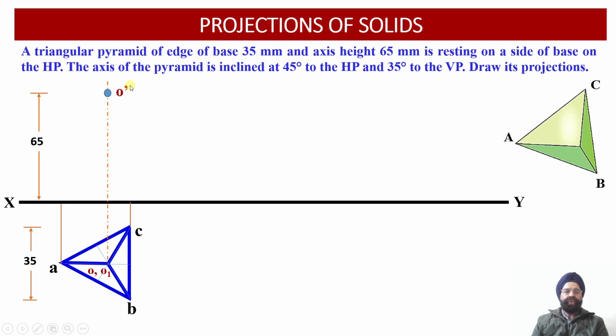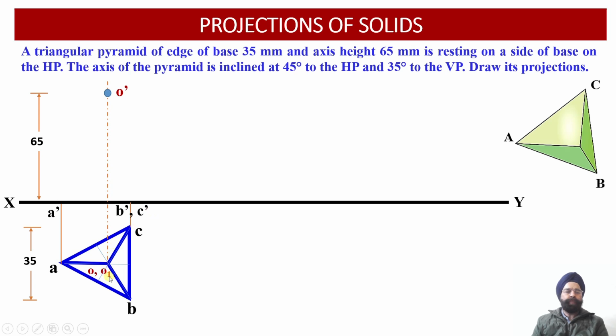Point A will be projected onto the XY reference line as A dash. Similarly, points B and C will be projected onto the XY reference line, the base of this triangular pyramid, as B dash and C dash.